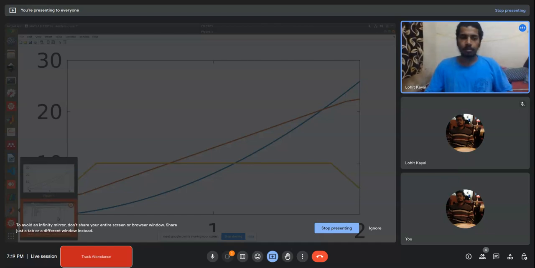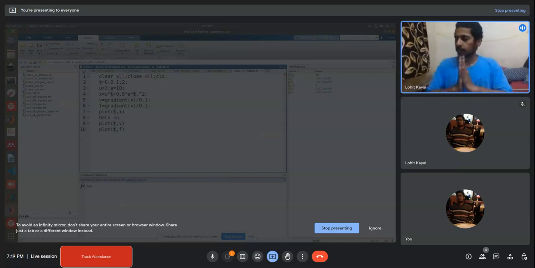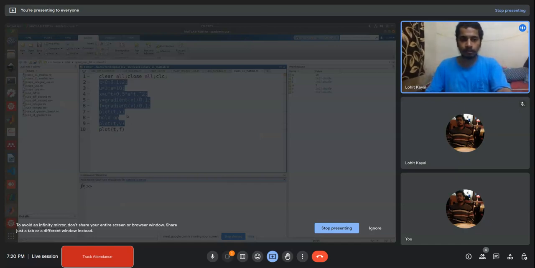Now suppose we use diff. Does it have some kind of problem, or does it work perfectly? So let's test that. For the same problem, let me just erase all of this.